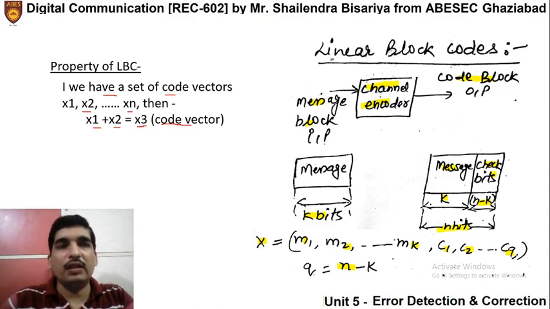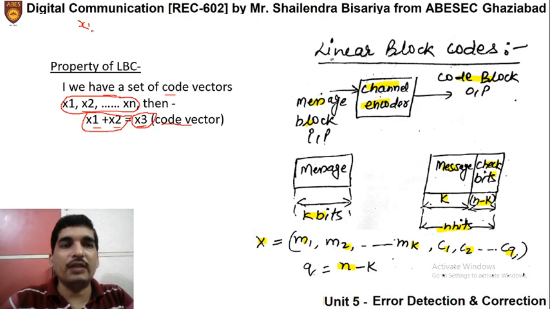For example, if I have code words x1, x2 up to xn, then the addition of x1 and x2 will give me the value x3. This x3 must be a part of this code word set.